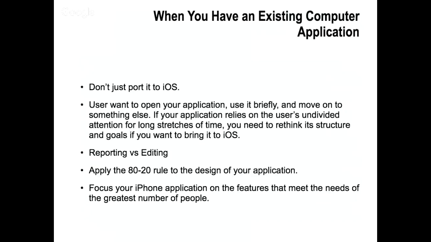An example it gives here is whether you want the app to report or just edit. Some apps are good at just reporting data from the app that you're porting from. 80-20 rule design: basically, 20% of your app will do 80% of the work. Focus your iPhone app or iPad app on features that meet the needs of the greatest number of people.